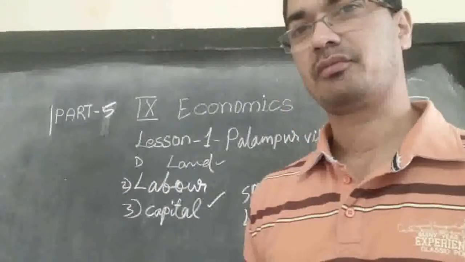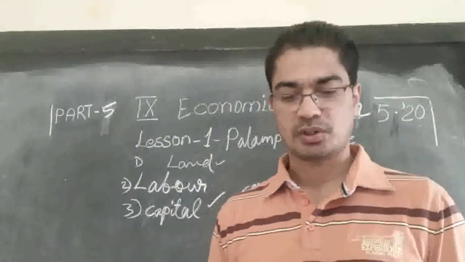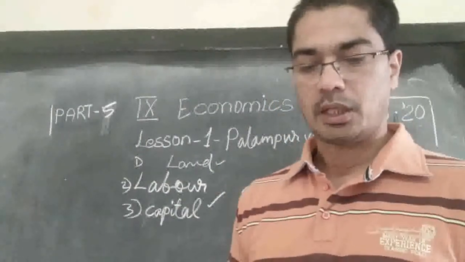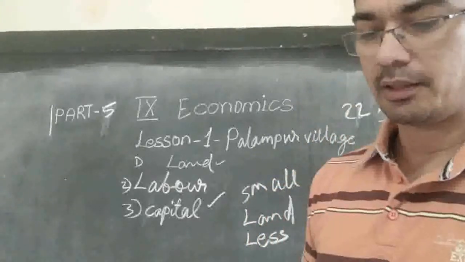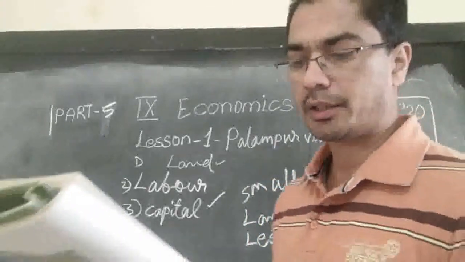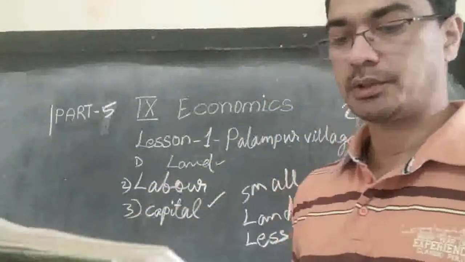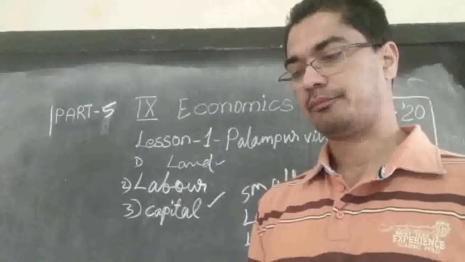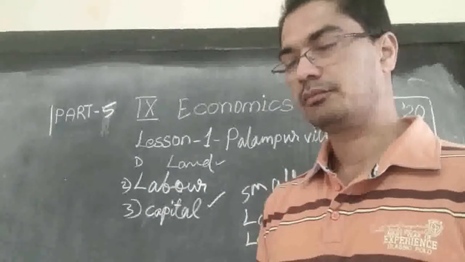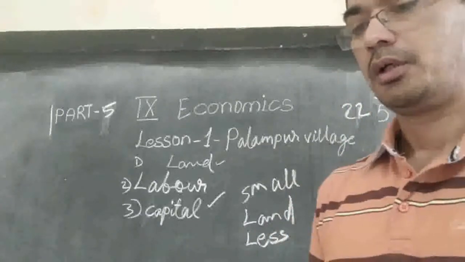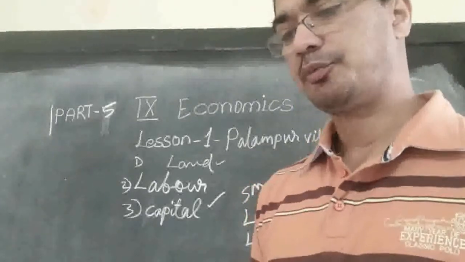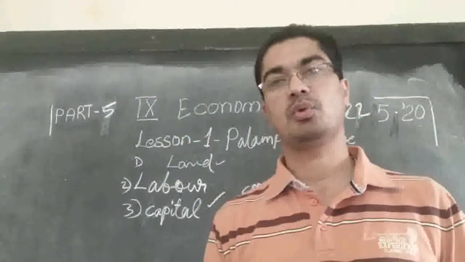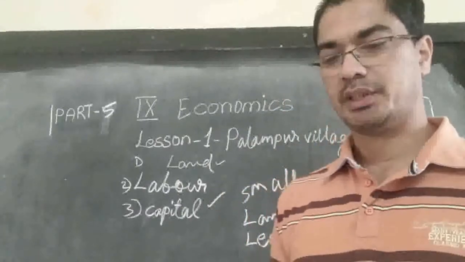What is the answer? Unequally. So the existing land is distributed unequally among the people engaged in farming, and there are a large number of small farmers who cultivate small plots of land and live in conditions not much better than the landless farm laborers. So there are many people who are very poor and their condition is very pathetic.